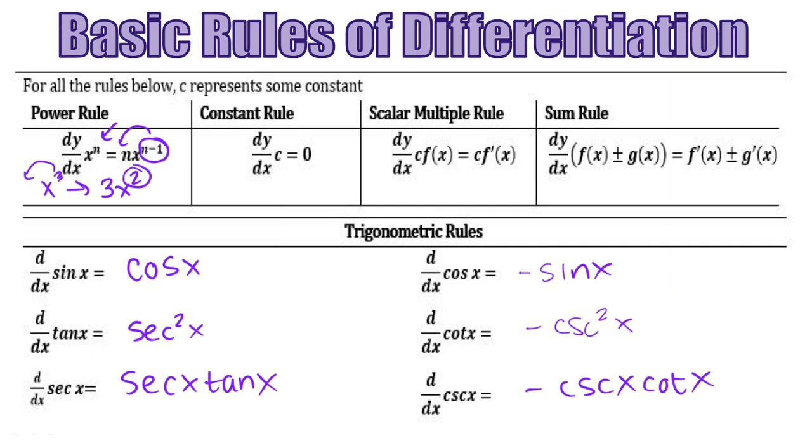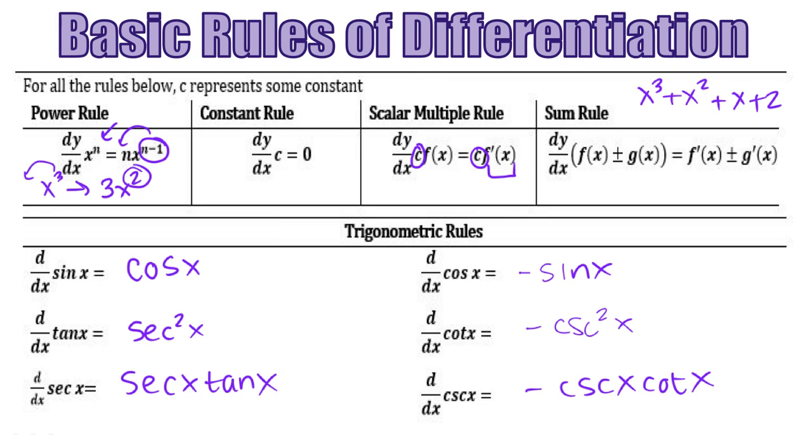The constant rule says the derivative of any constant is 0, so the derivative of a number is 0. The scalar rule says if you're multiplying a number by a function, you can just find the derivative and then multiply by that number afterwards. So just like with limits, we can pull the scalar out and then multiply it back in at the end. The sum rule basically says if we're looking at multiple terms in a row, we can find each of their derivatives separately.